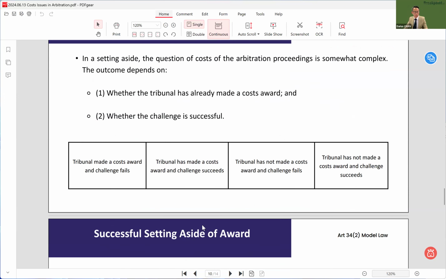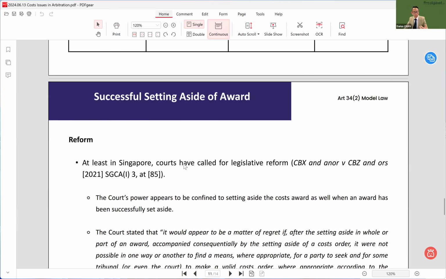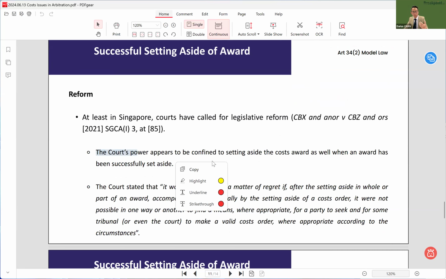made a cost award. Now, at least in the Singapore context, the courts have said that, yeah, we would be able to set aside the cost award together with the merits award, but we don't have the power to issue a decision to award the successful party the cost of the arbitration.